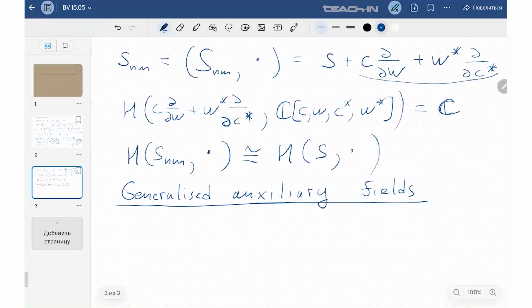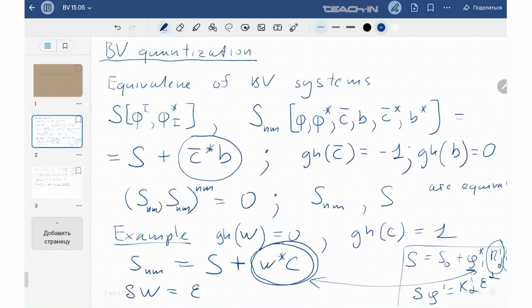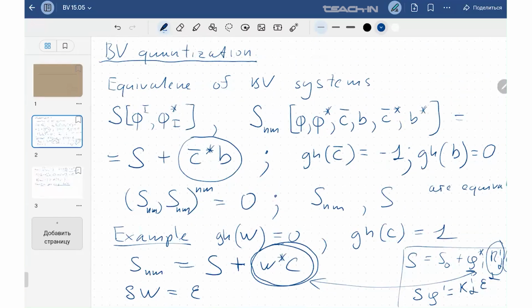For instance, in the example which we just had, this trivial part corresponds to the pure gauge variable W, for which the gauge transformation is just a shift. And again, this situation should be covered by the concept of generalized auxiliary fields.